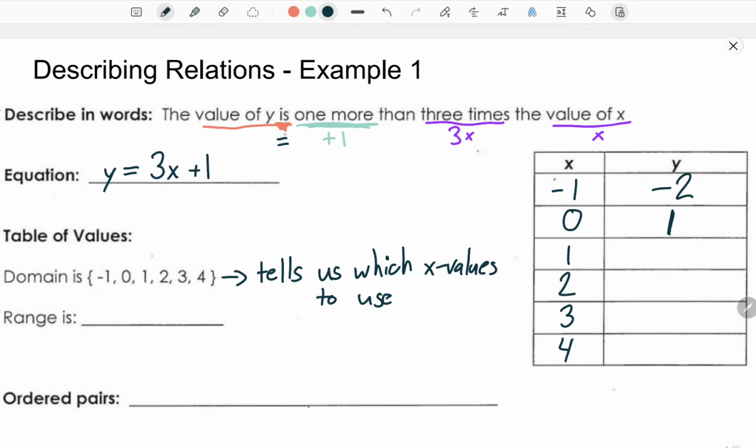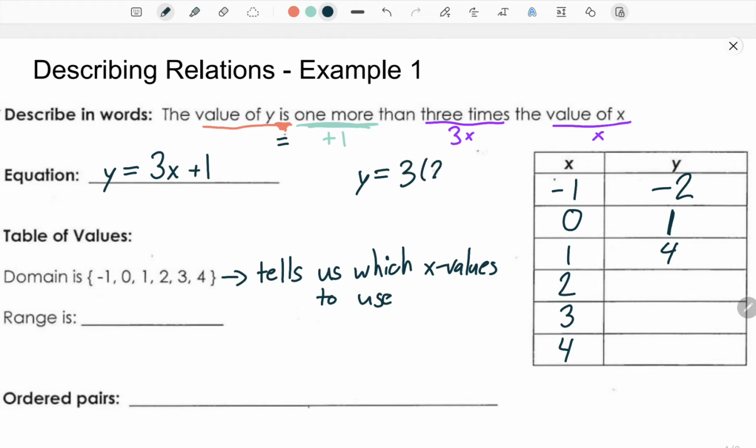Next, we have y equal to 3 times 1 plus 1, which is just 3 plus 1, which is 4. So that would be the next number in our table of values. So all you really need for your table of values is the numbers. I'm just showing the calculations so you know as you're watching this video how those are coming up.